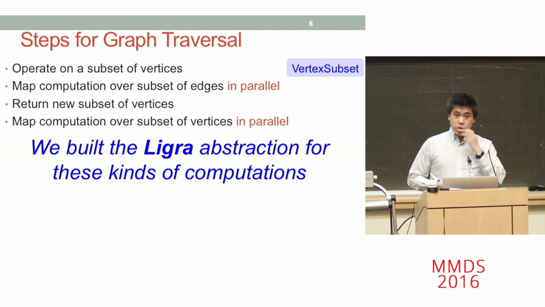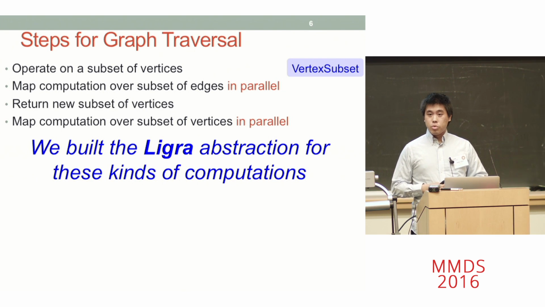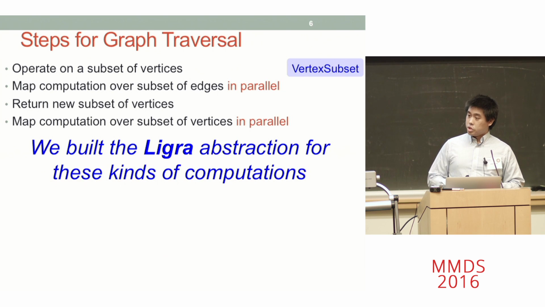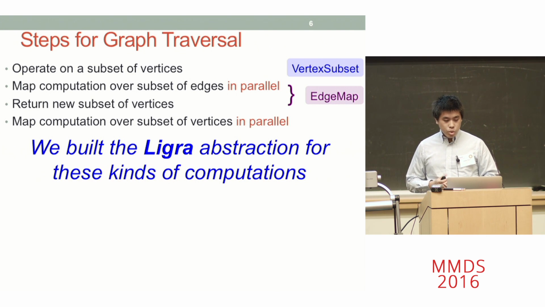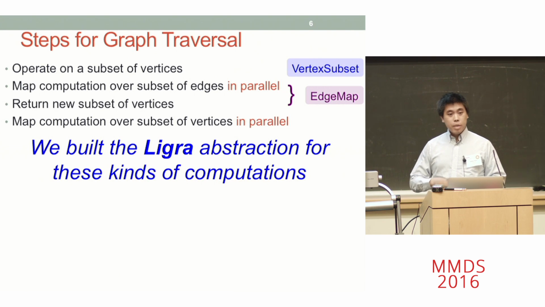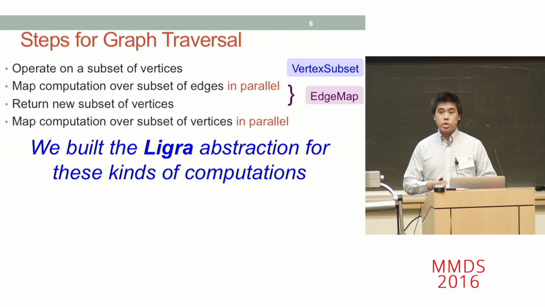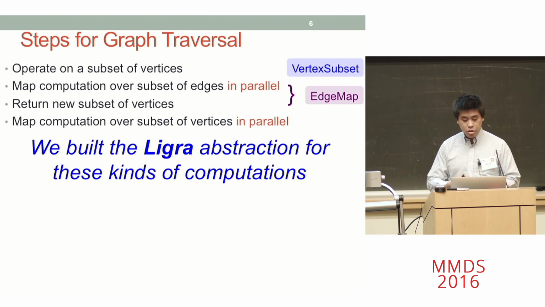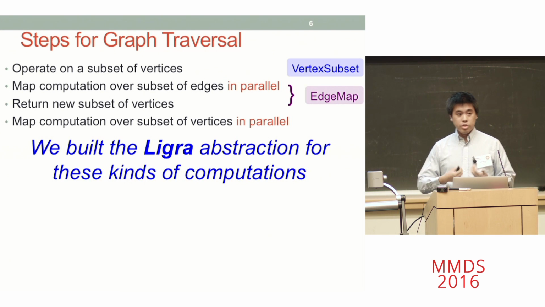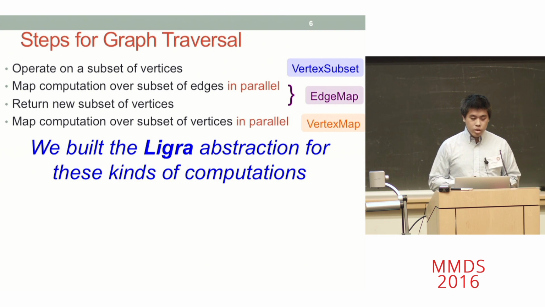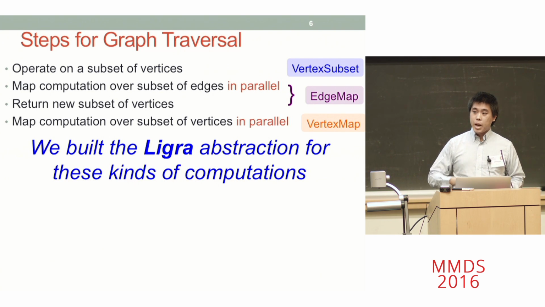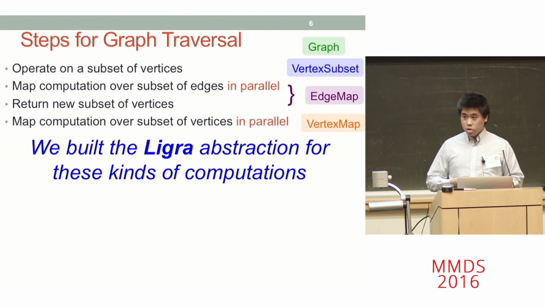So we have a data structure called vertex subset, which is used to represent an arbitrary subset of vertices in the graph. We have an EdgeMap function, which maps some application-specific computation over a subset of edges associated with a vertex subset in parallel. And then it also returns a new subset of vertices, again represented as a vertex subset, and you can use this in future computations. We have a VertexMap function, which maps some application-specific function over a subset of vertices in parallel.